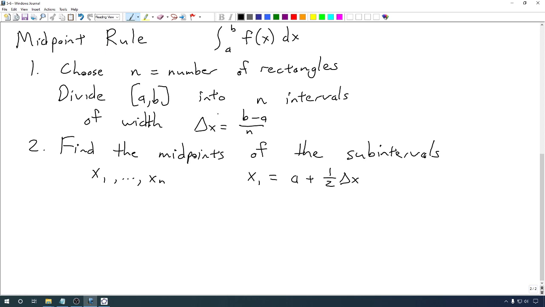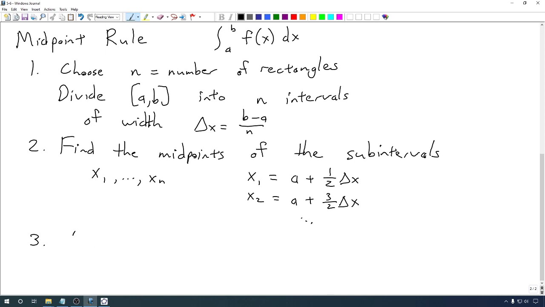Remember, because the width of our rectangle is delta x, and we start at a, so we go half of that distance to get to the midpoint. The next midpoint is still a, but now we add 3/2 of delta x because we've gone 1 delta x to get to the second rectangle, and we went half another delta x to get to the midpoint, and so on and so forth. We could actually write those down if we want to. In practice, we just look at what are the endpoints of our various intervals and figure it out from there.